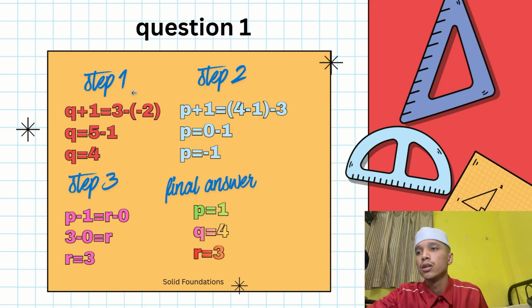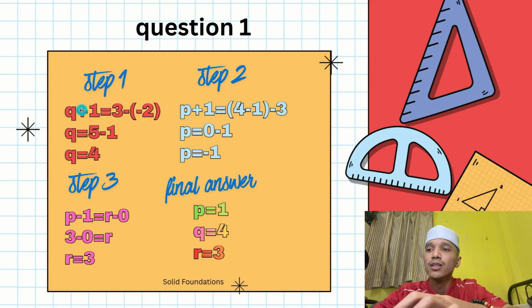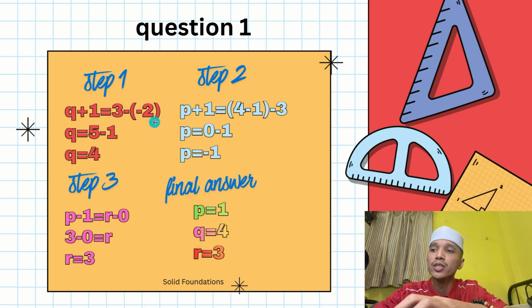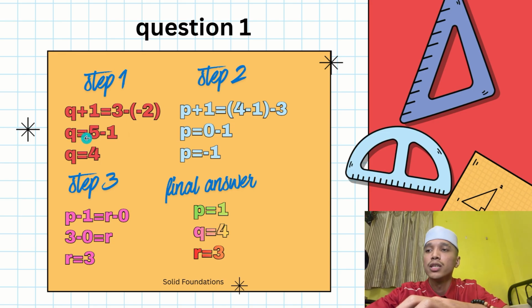In conclusion, the final values of the variables are P equals negative 1, Q equals 4, and R equals 3.